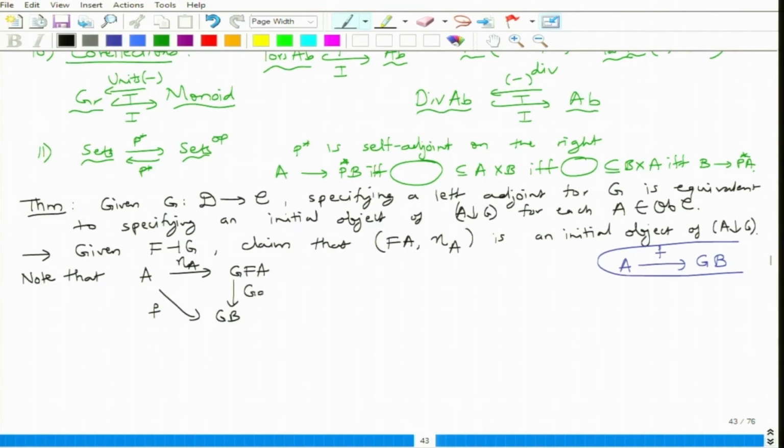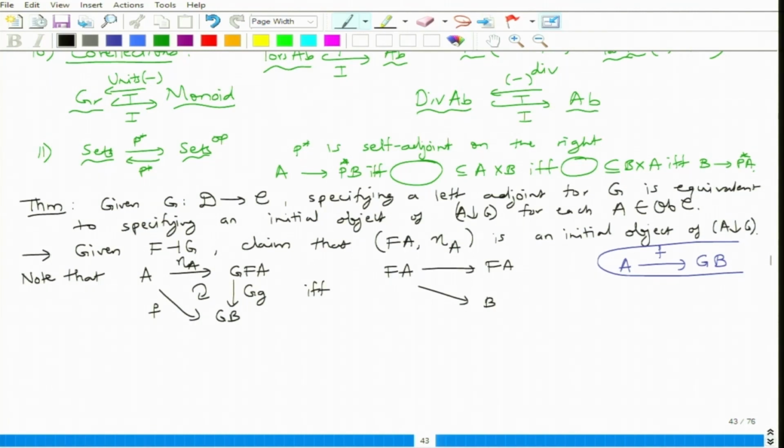It always has to be like this. So this diagram commutes if and only if the corresponding diagram in the other category also commutes. FA to FA to B. What is the corresponding morphism to eta A?